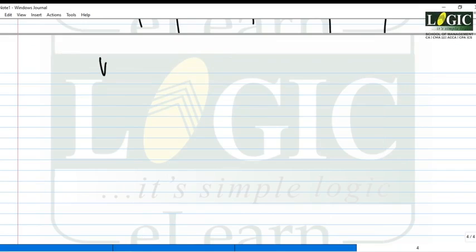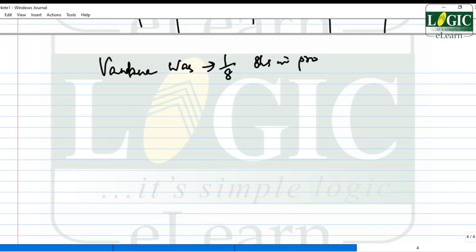Vandana was admitted for 1/8 share in profits. The ratio of Vikas to Vivek was 3:2.